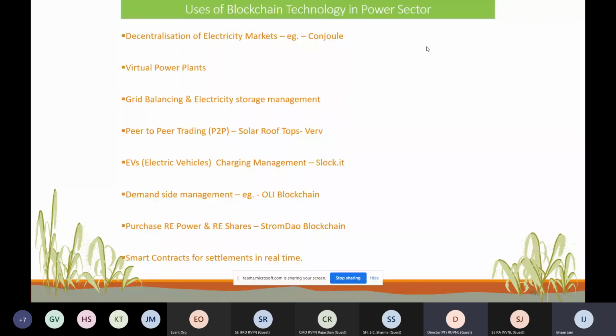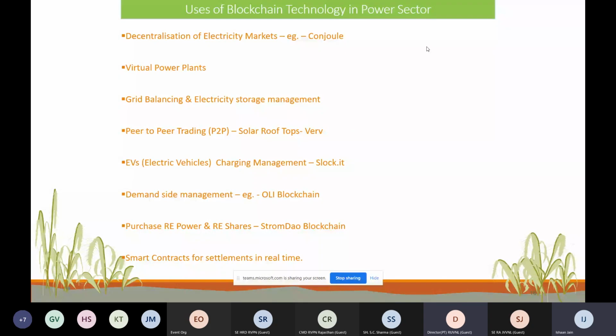This we can skip, because basically it shows which blockchain is used in which part of the electricity market. For the decentralized electricity market, you can use the Conjol blockchain. You can just go and search on Google how they are using this Conjol virtual power plant, or what blockchain is used in P2P solar trading. You can have similar mechanisms suited to our country.